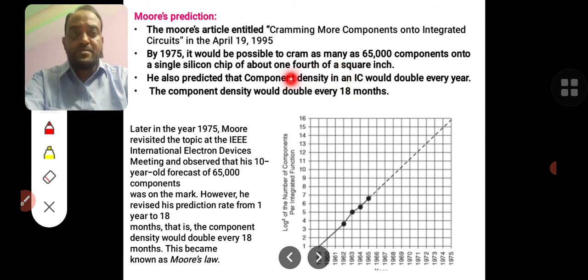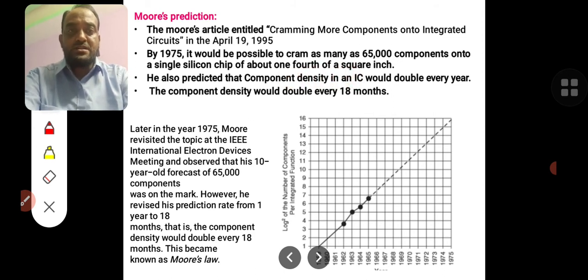He also predicted that component density in an IC will double every year. The component density will double in every 18 months.